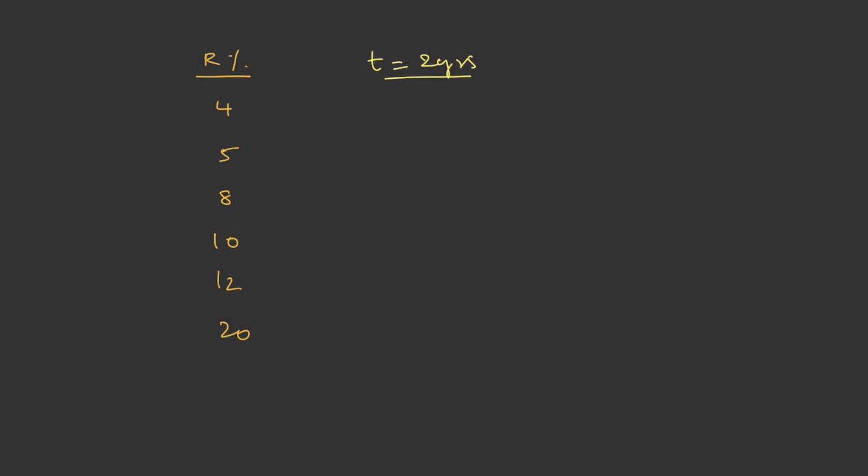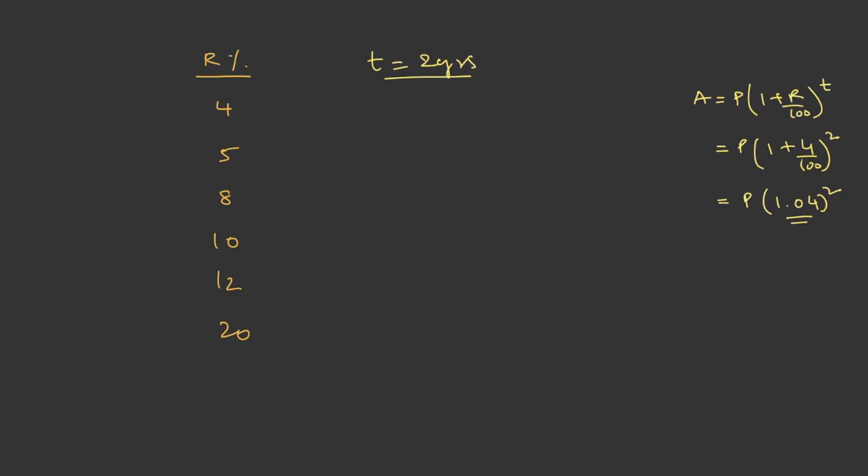Then what happens is, we already know amount is principal into 1 plus r by 100 power t. Now let's take the example of 4%. So this is P into 1 plus 4 by 100 power 2. This is P into 1.04 square.